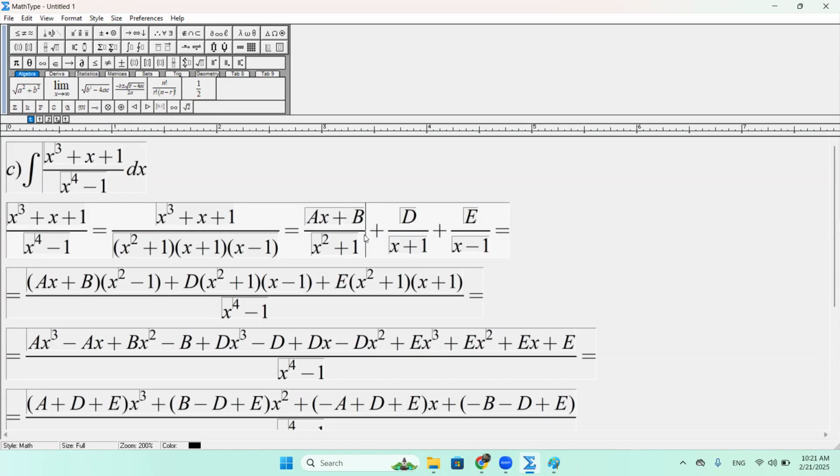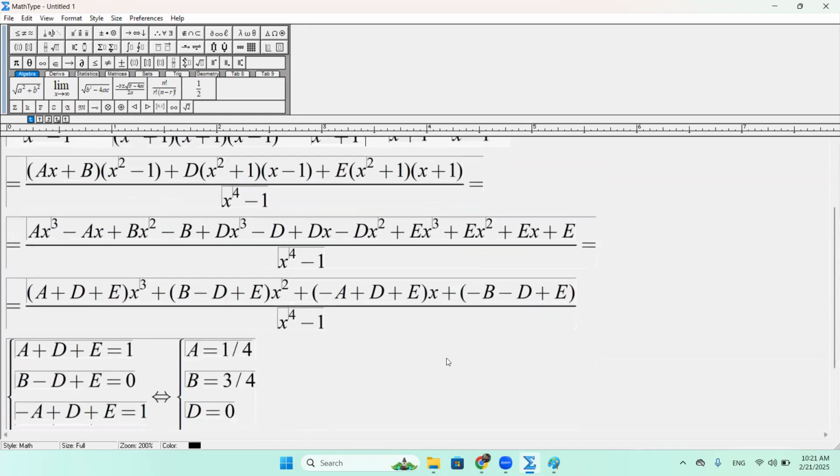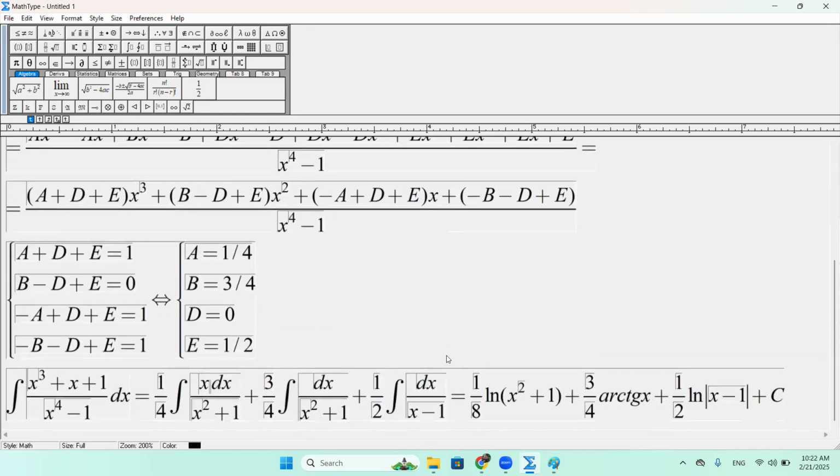More questions? Can you scroll down? Sure. So which point? I need to finish writing the answer. And what about calculating the integral? Or you want to write down the answer of the system?